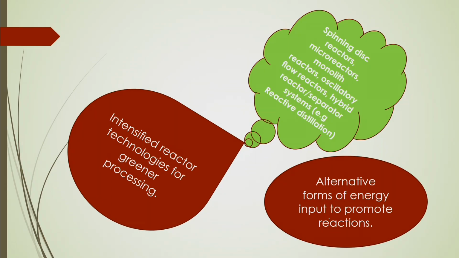So, some intensified reactor technologies for greener processing are being developed, and in that case you have to use alternative forms of energy to promote the reactions. Examples are spinning disk reactors, microreactors, monolith reactors, oscillatory flow reactors, and hybrid reactor or separator systems like reactive distillation and reactive extraction.